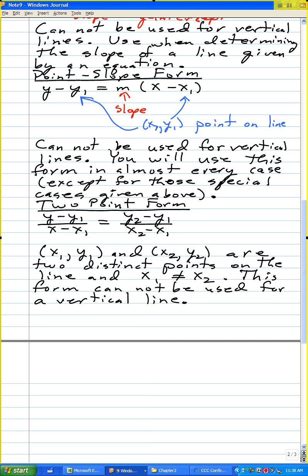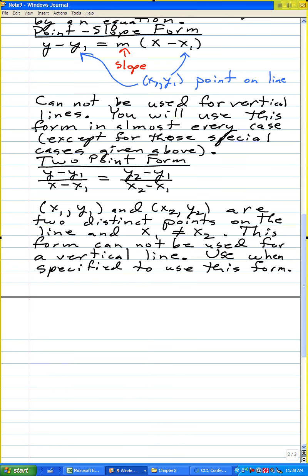So I guess use it when you're told to, when specified to use this form. I've actually never used this form other than when I've been forced to use it. Other than that, I've never used it.